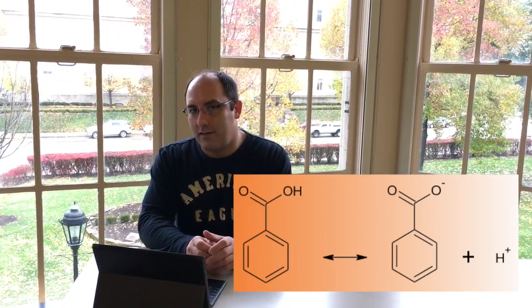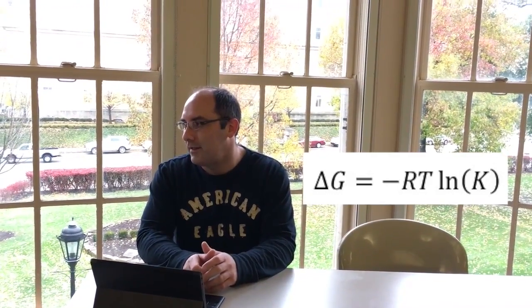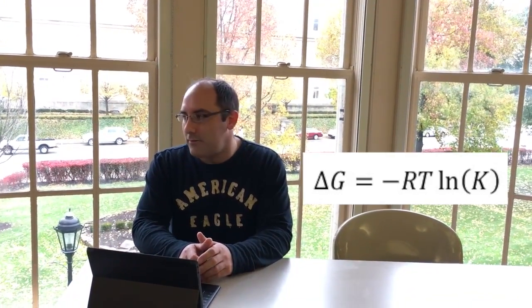And once we had the change in Gibbs energy, we could relate that to K using the relation delta G equals negative RT ln K. And once we had these, we could use these values to determine our sigma values by setting sigma equal to the log of K over K naught. And then once you have these sigma values, you can relate these to other reactions that are similarly substituted.